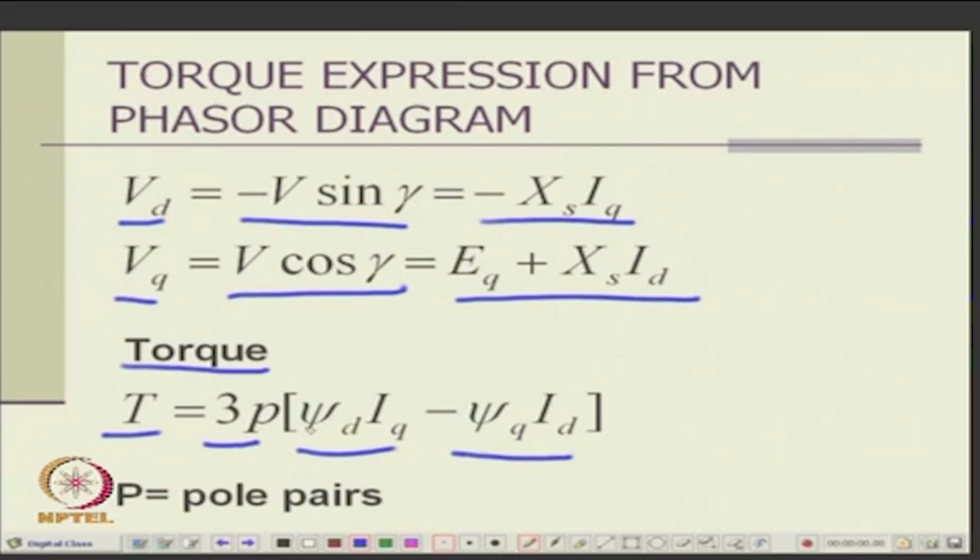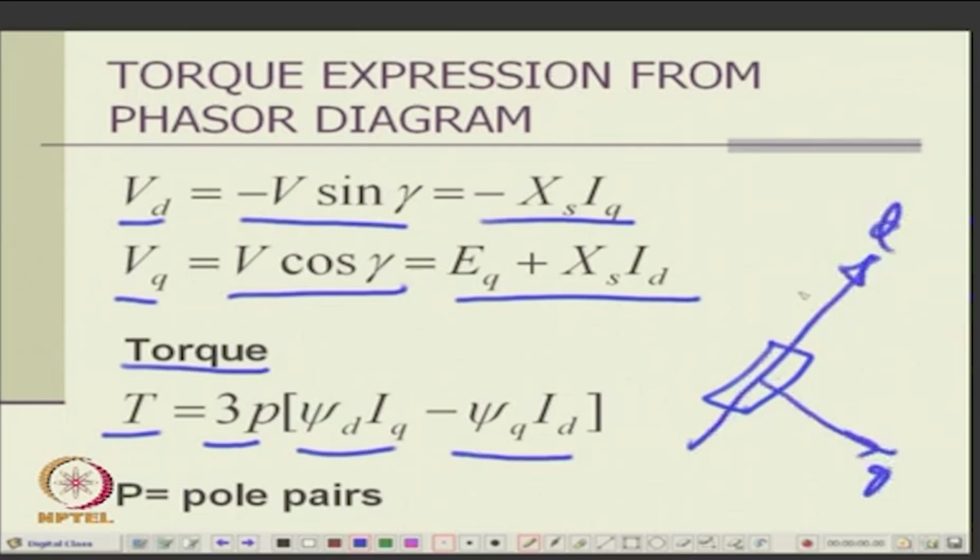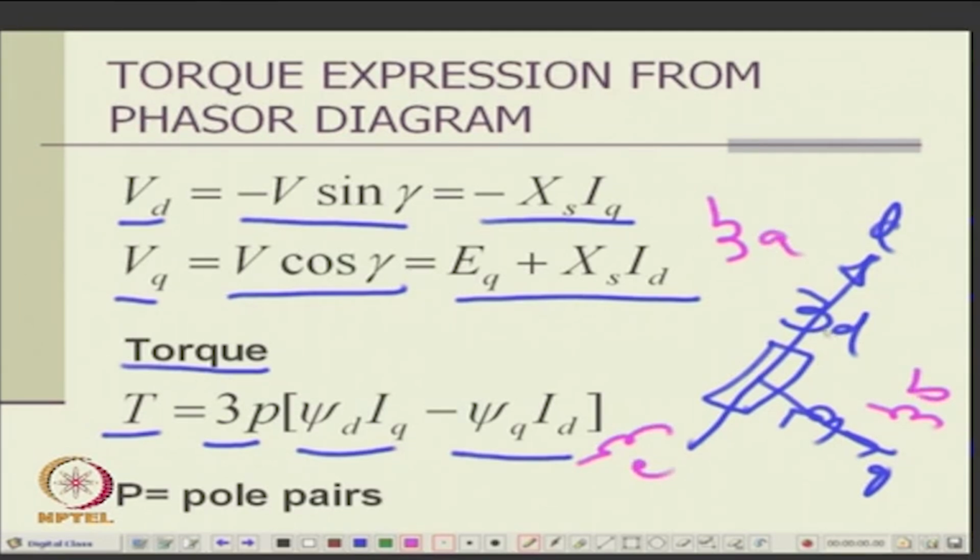Interaction of the d axis flux linkage and q axis current, because you know that typically, if this is the magnet, this is the d axis and this is the q axis, you always have the d winding and q winding. If you recall the machine modeling, each of these will be DC in steady state and it will induce AC in these windings because they are cos omega t like that.